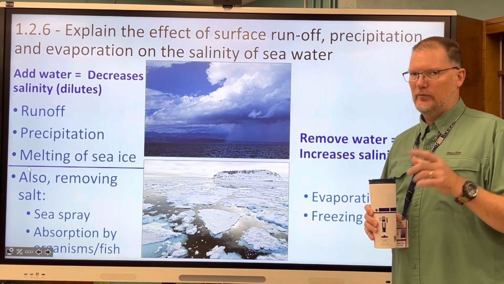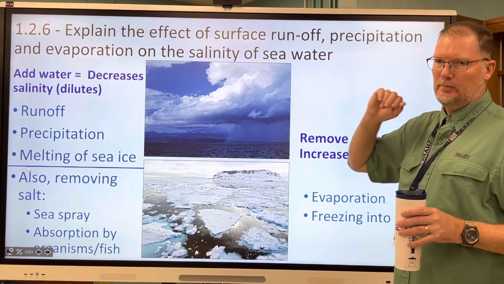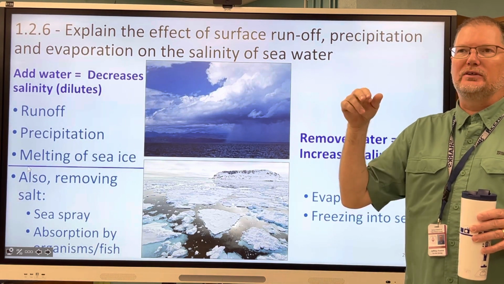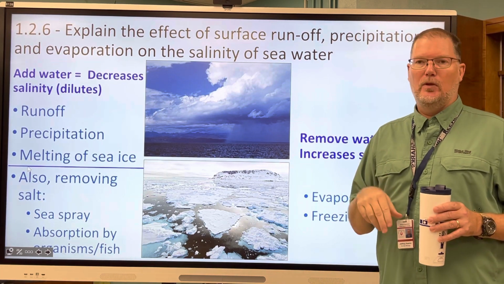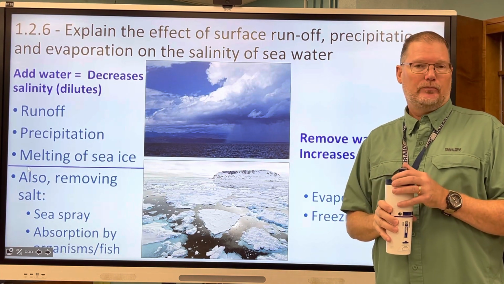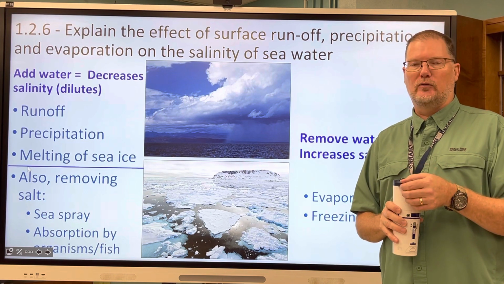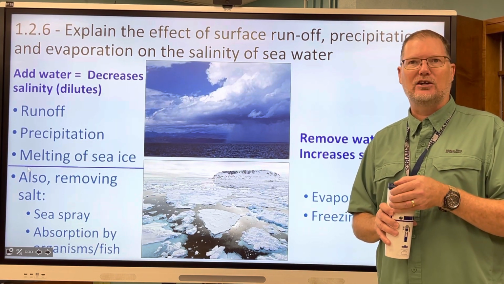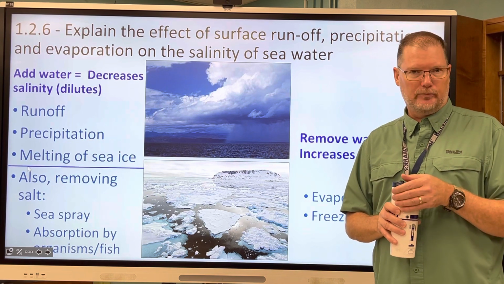Now, runoff obviously is going to overall probably decrease the salinity. So the mouth of a river, the Amazon River, the Nile River, here in Florida, the St. John's River or the Loxahatchee River up in Jupiter, okay?